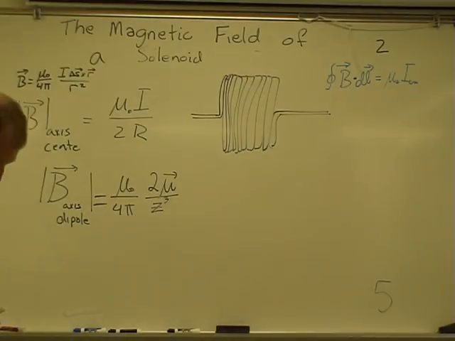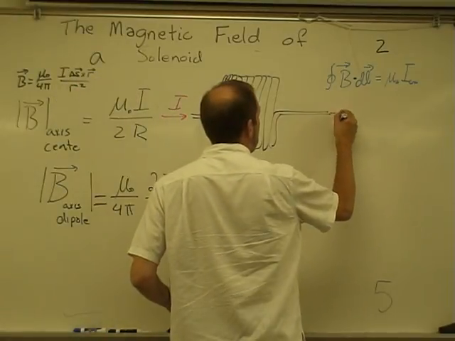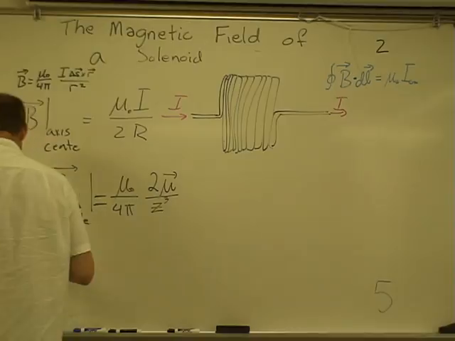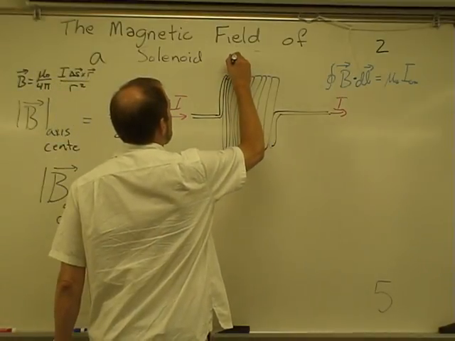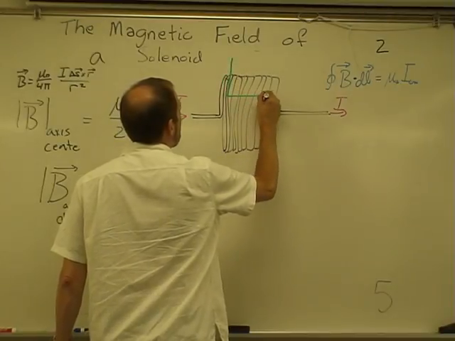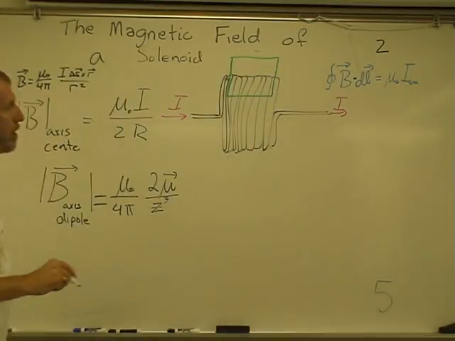So let us say that we've got some current passing through that wire, and I want to choose a path like so. Now, here's why that's cool and sneaky.